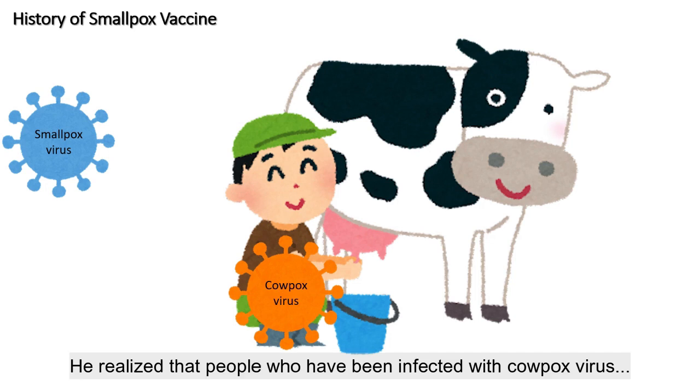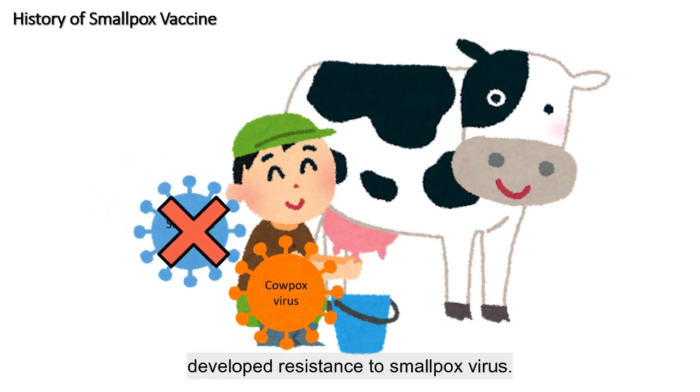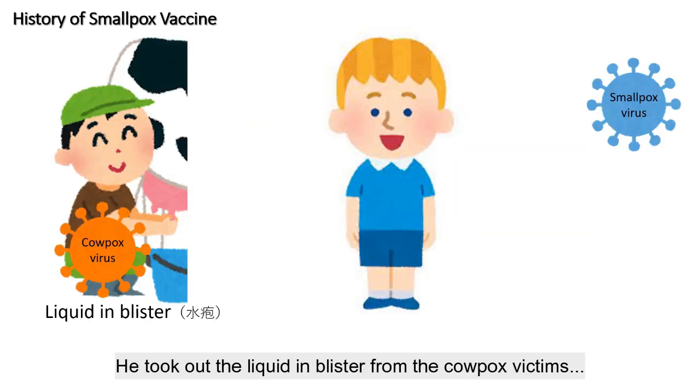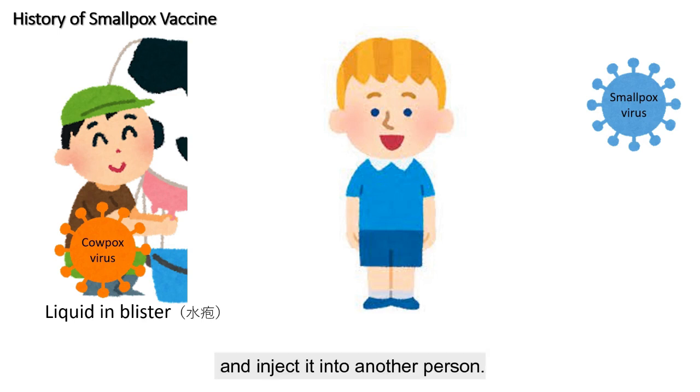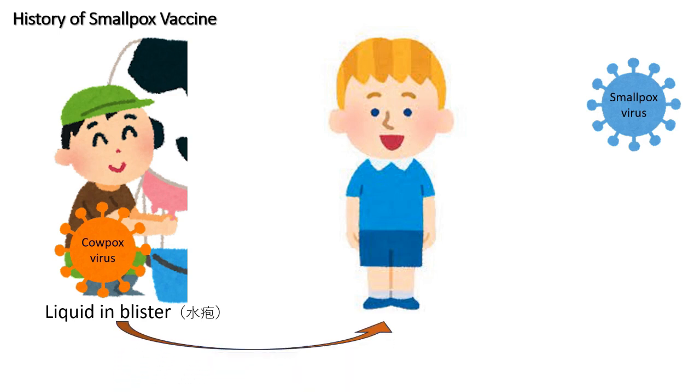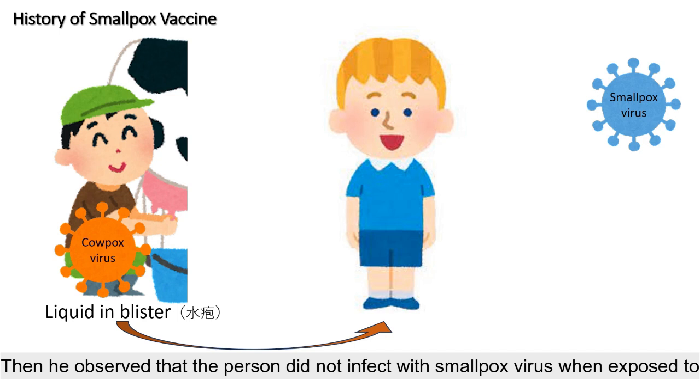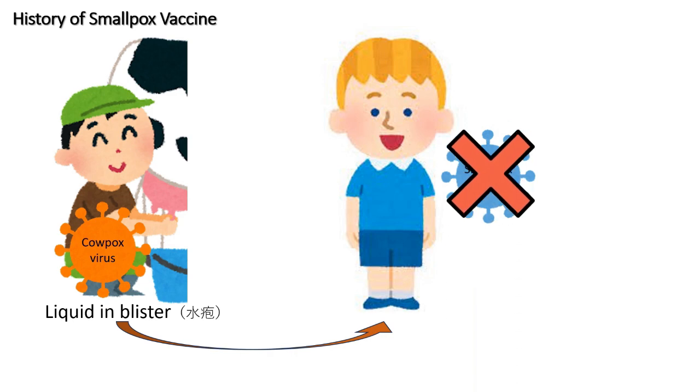He realized that people who have been infected with cowpox virus developed resistance to smallpox virus. He took the liquid from the blisters of cowpox victims and injected it into another person. Then he observed that the person did not get infected with the smallpox virus when exposed to it.